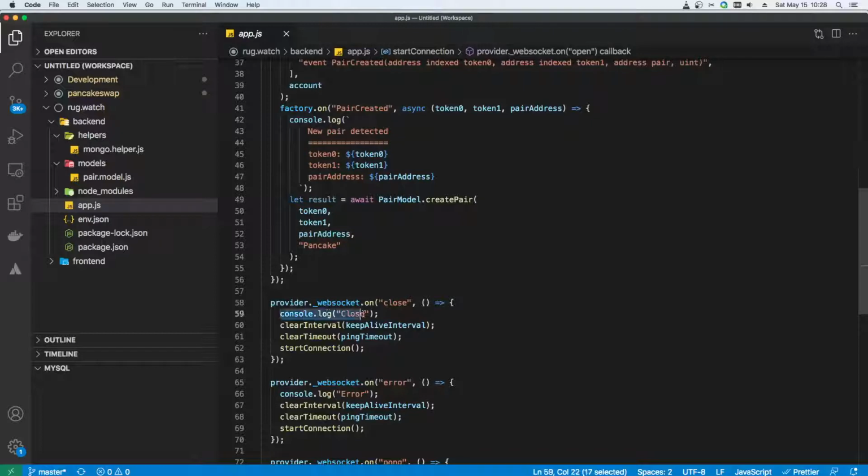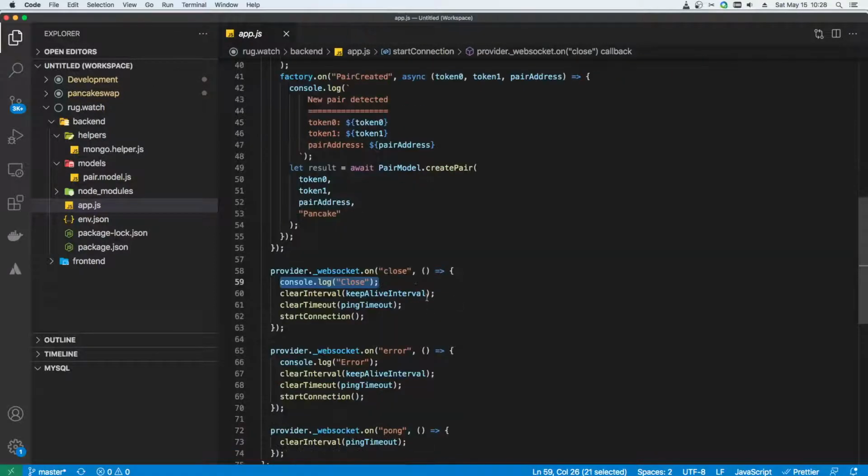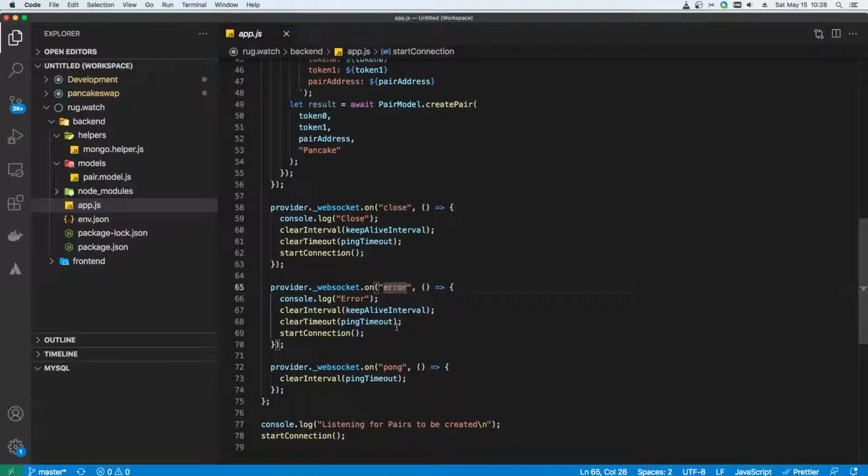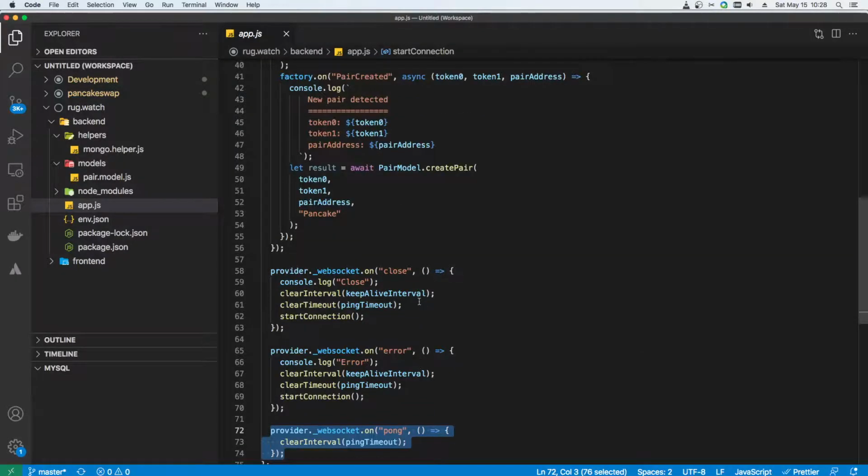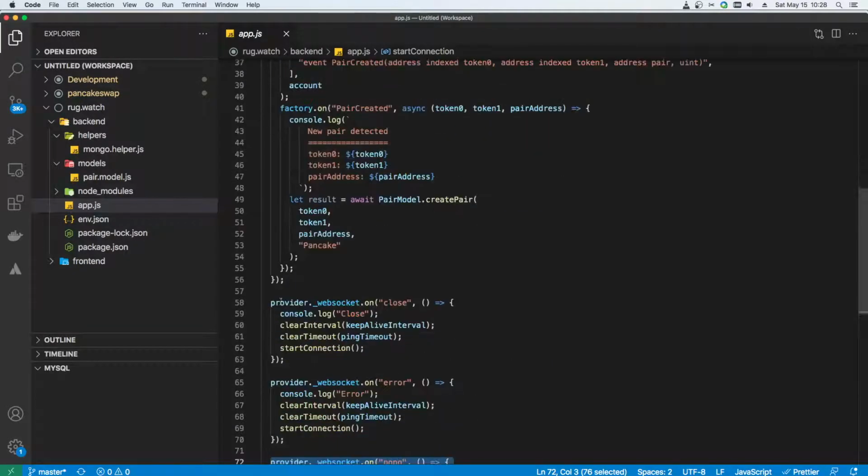But since this was an actual close, it wasn't an error, or the response to my ping I'm doing here, but apparently it worked anyway.